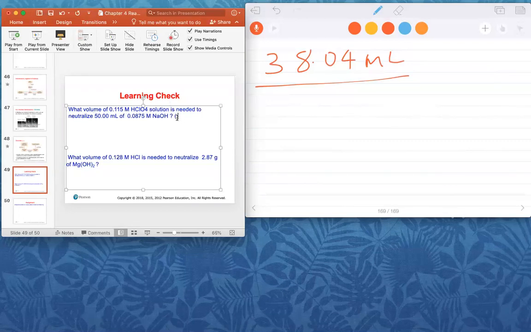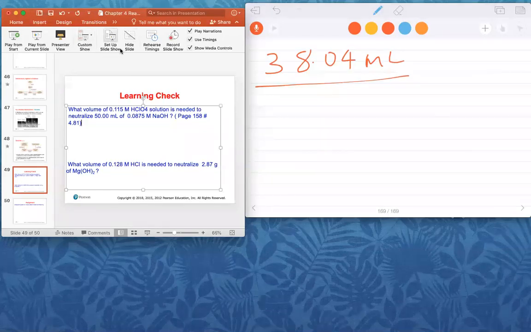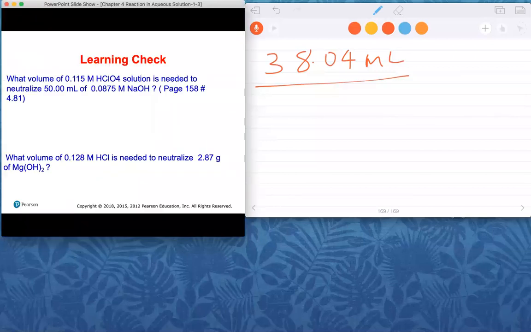This problem is on page 158, number 4.81. Okay, so that one doesn't create some confusion. I had to check because I had missed that in the calculation. So all right, David, you are asking why can we use M1V1?